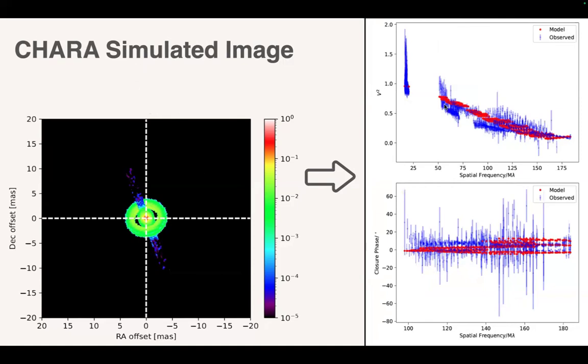You can see that a lot of the squared visibilities are reproduced. Some of them, of course, are left out. The model certainly lags in certain areas. If you look at the closure phases, most of them are reproduced, but then you have this cluster at the smaller end of the spatial frequencies that is not as well explained.